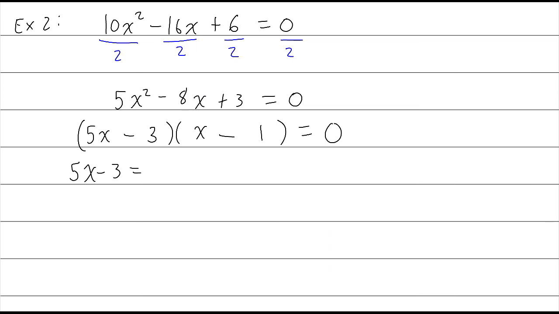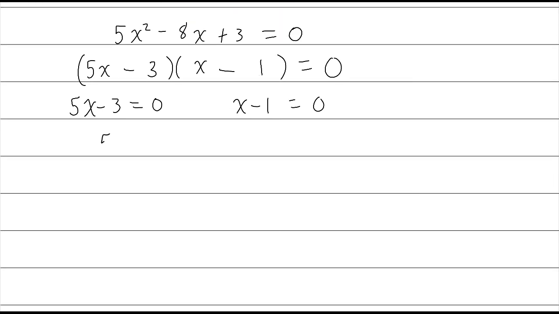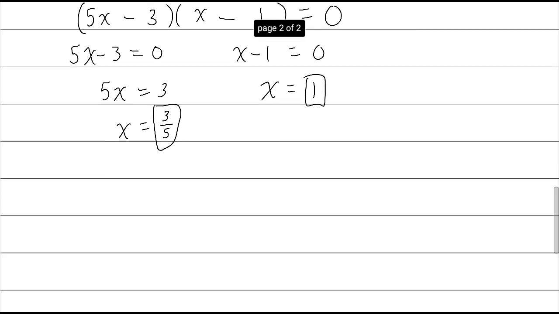There's my first one. There's my second one. Let's solve them both. And add 1 to both sides, so I get 3/5 and 1.